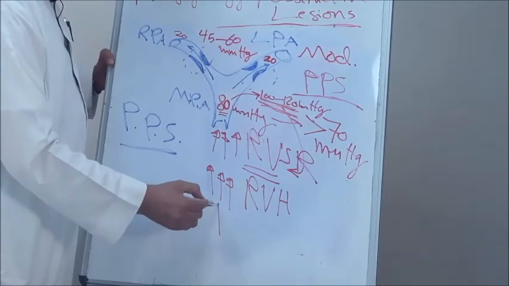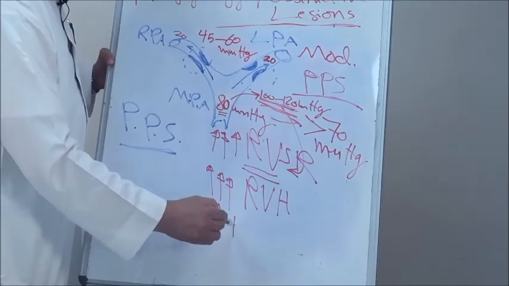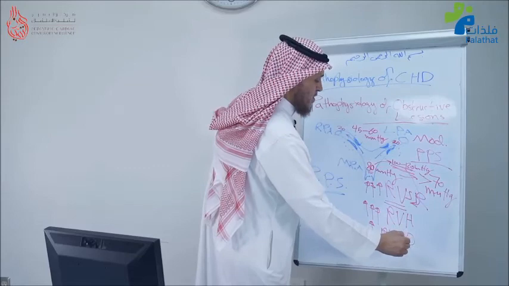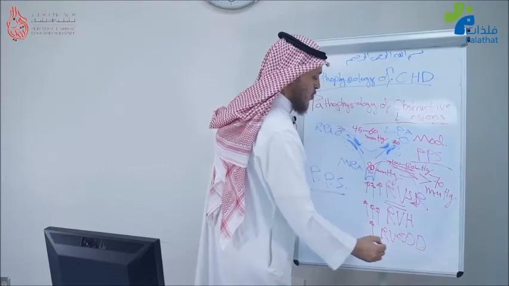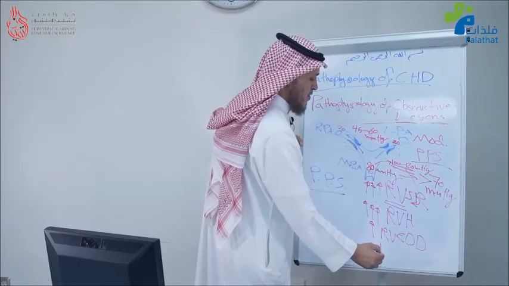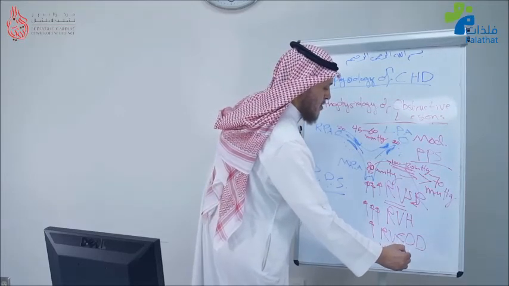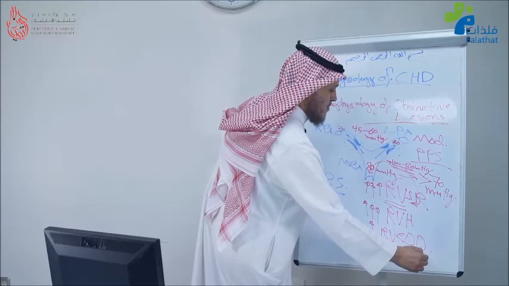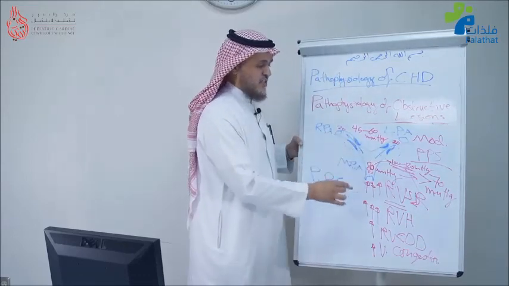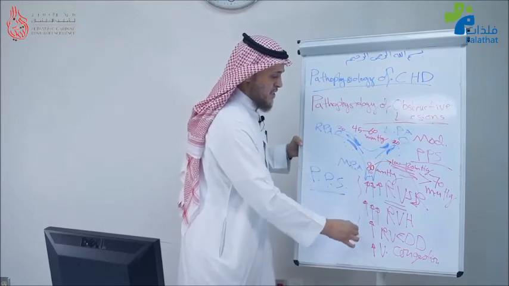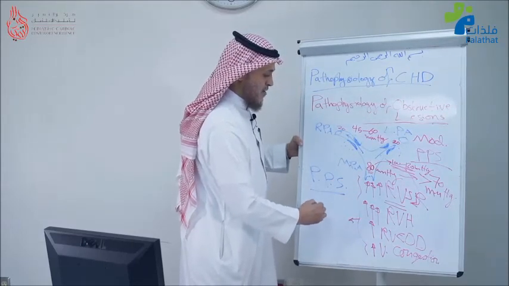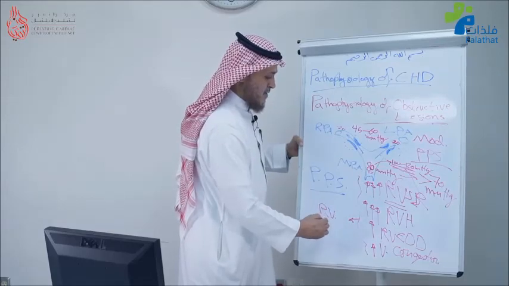We will see elevation of the right ventricular end-diastolic pressure. We will see significant venous congestion if it is continued for enough time to give us some sort of RV failure.